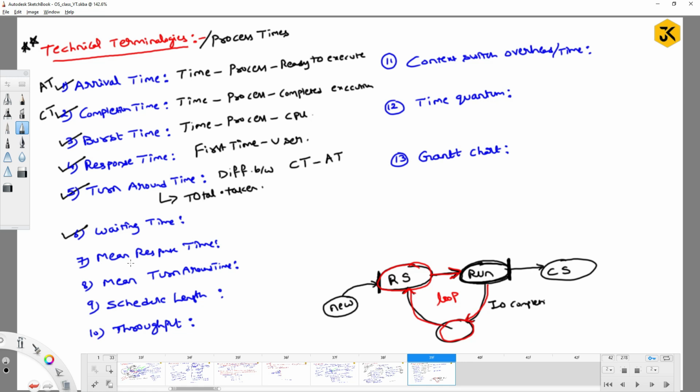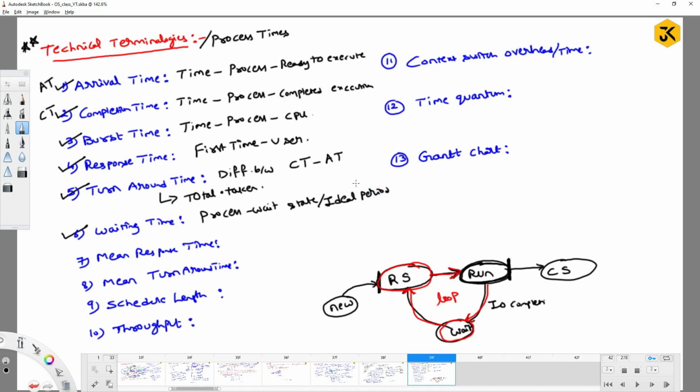Next one, waiting time. Waiting time means the time for which the process is in the waiting state. The amount of time for which the process is in the waiting state, we call waiting time. Waiting state is also called idle period, right?